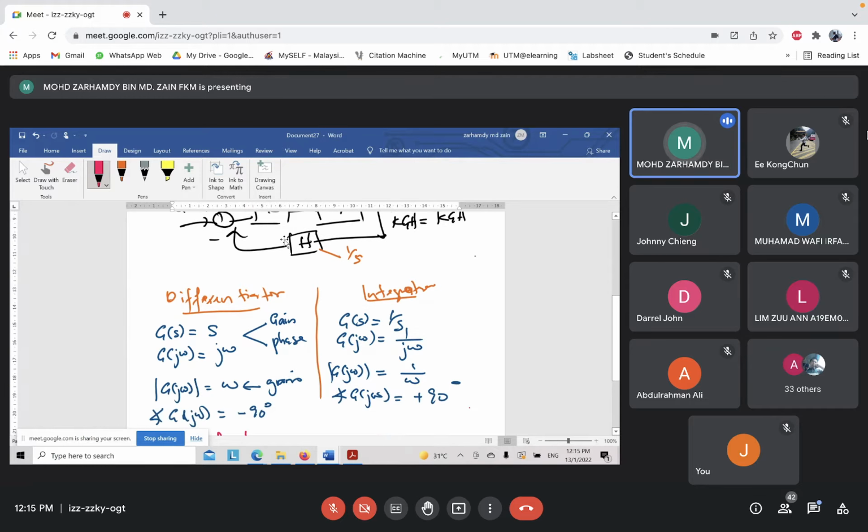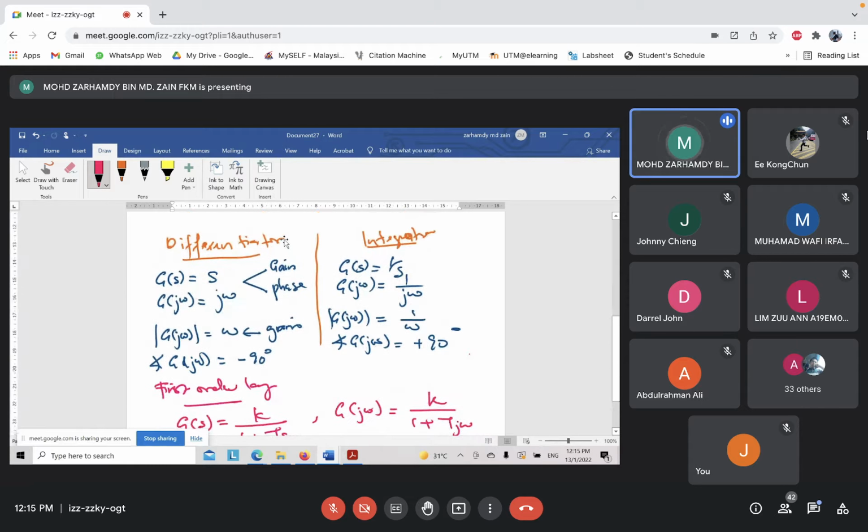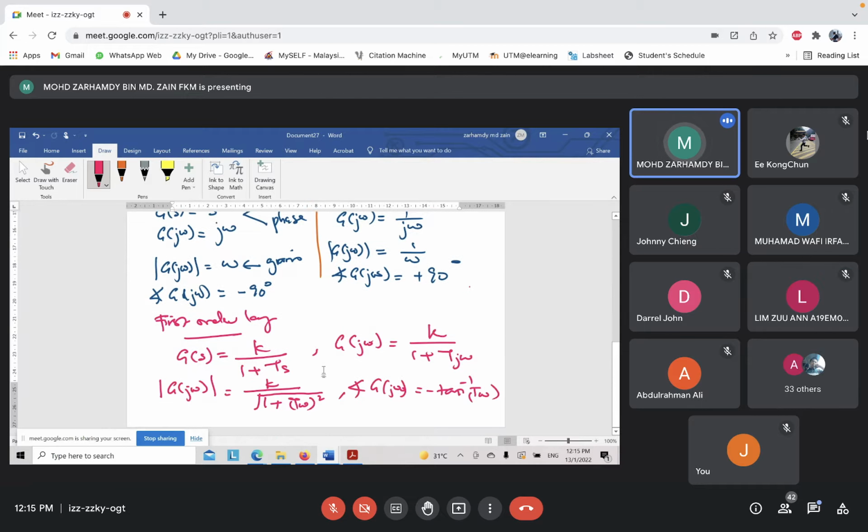But most of these mathematic equations have their own concept, which is maybe they come from the integrator, maybe from this differentiation, maybe they have the first order lag.